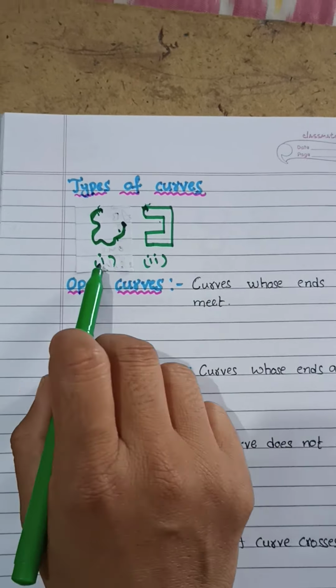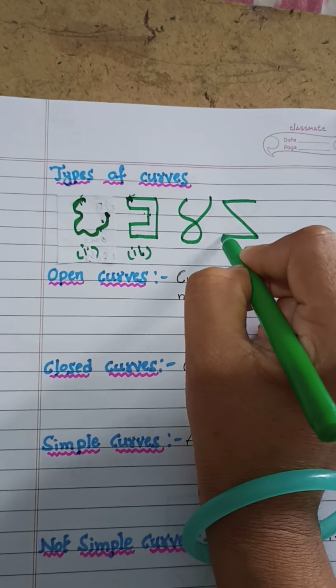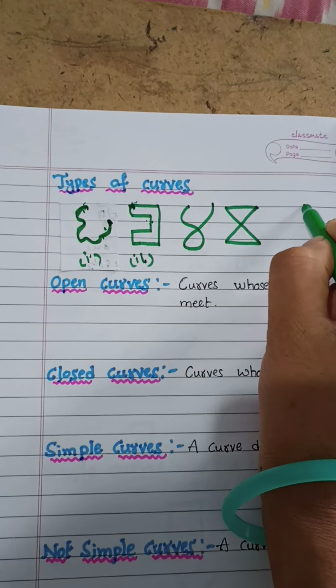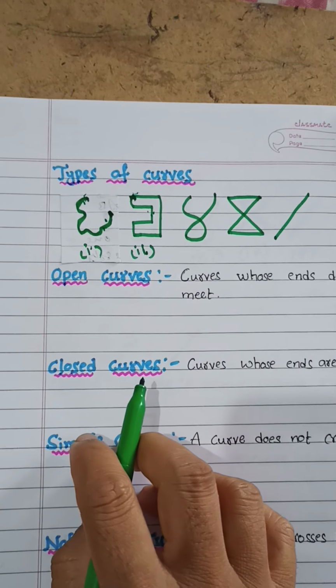Now let us see more curves. Without lifting my sketch, I have drawn this one. Without lifting my sketch, I have drawn this one. Without lifting my sketch, I have drawn this one.